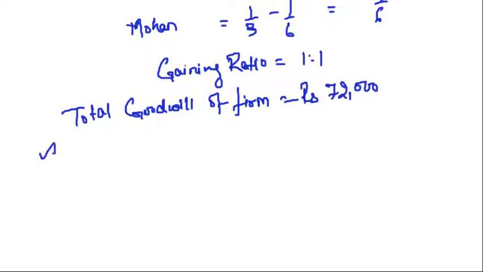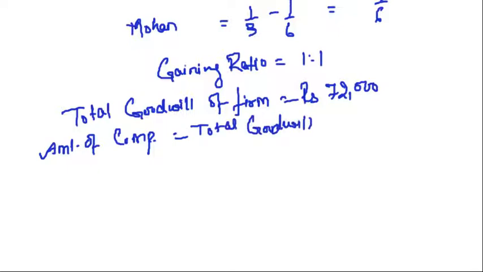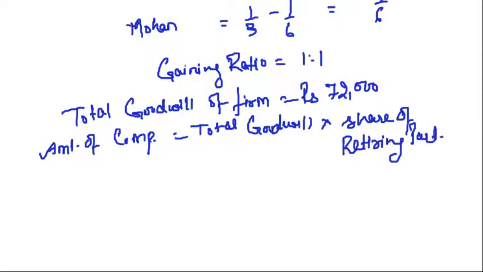We can calculate the amount of compensation. This is equal to total goodwill multiplied by share of retiring partner. What is the share of retiring partner?